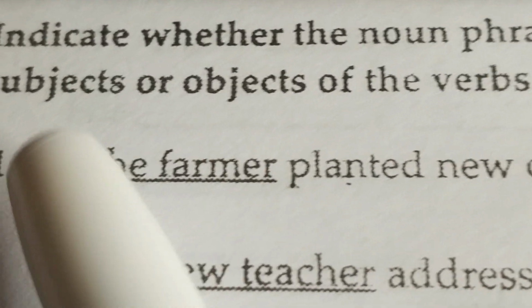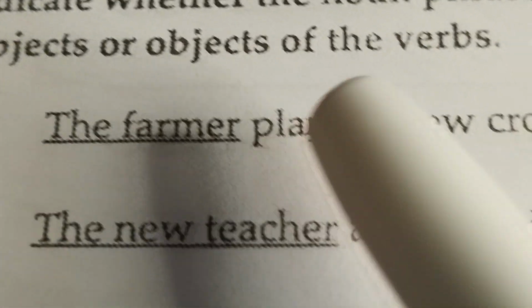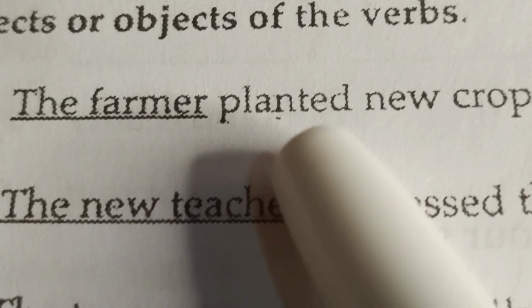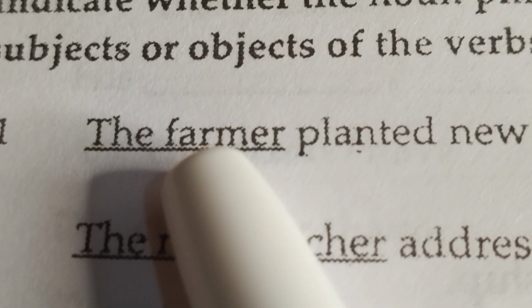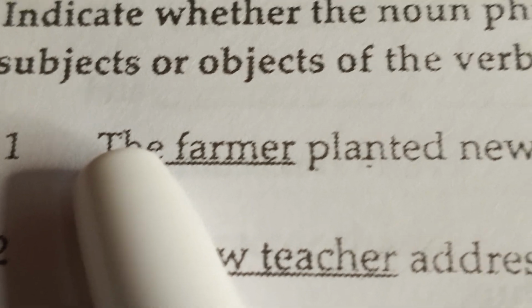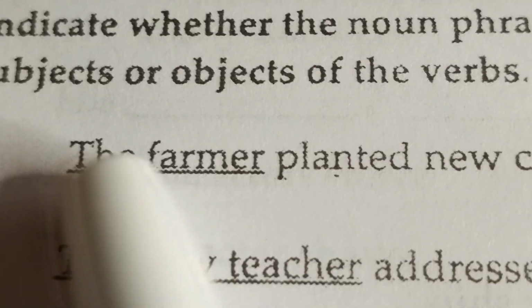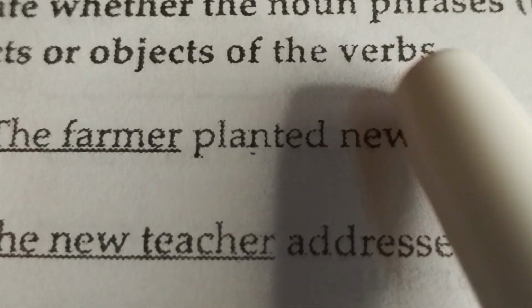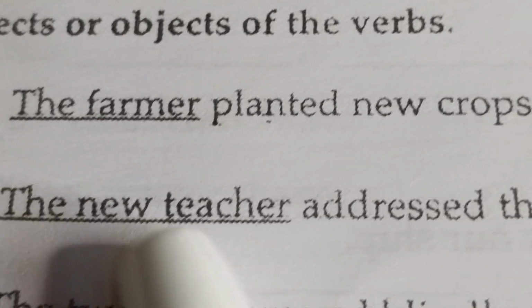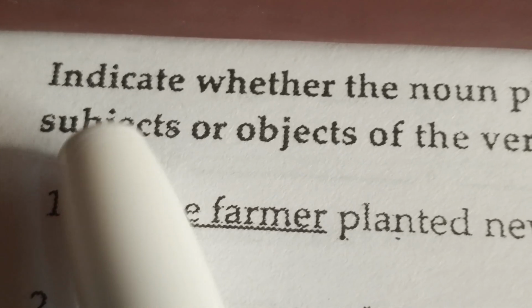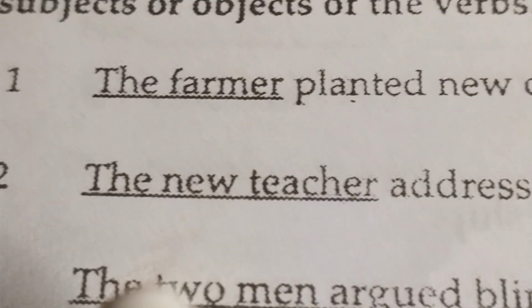The first verb here, number one, "planted," comes after the subject, which is also the noun phrase, so it is the subject of the verb. The same thing here: this comes before the verb, so it is the subject of the verb, which we are asked to find out.